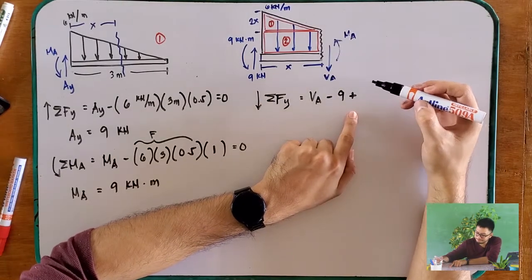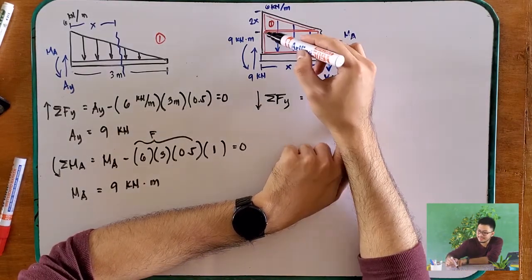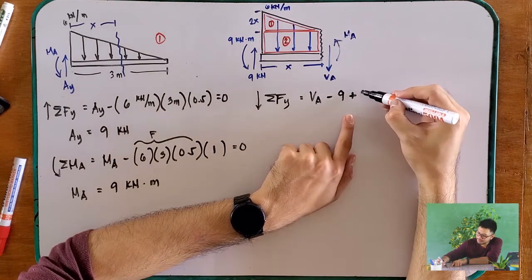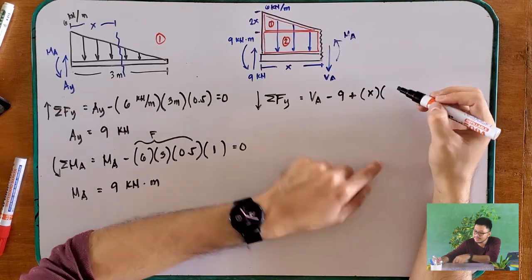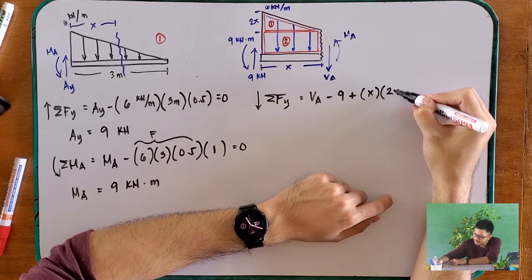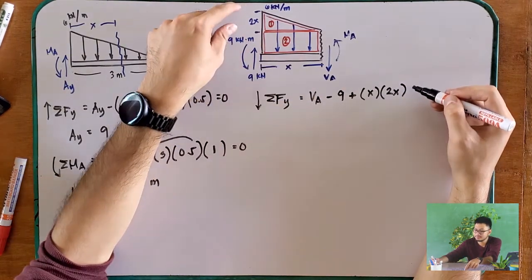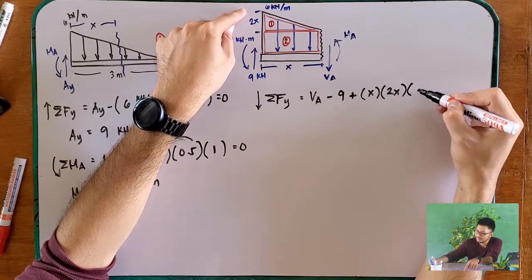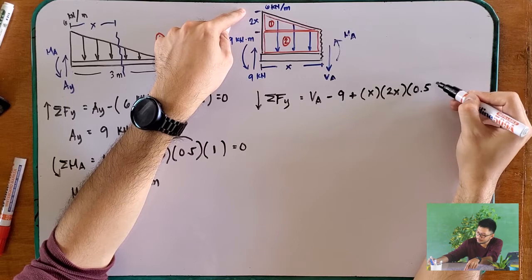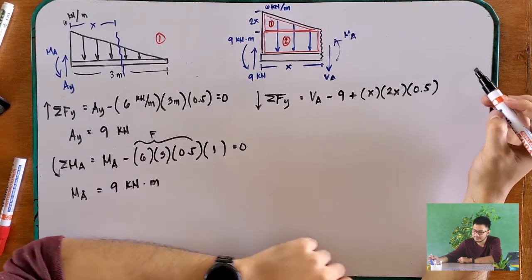I hope nakasabot mo adto. Same slope. Okay, proceed. So what is the length of the triangle, that is x. What is the height of the triangle? 2x. Nya, since triangle man tog istorya, di man rectangle, we have to divide it by 2. Next.